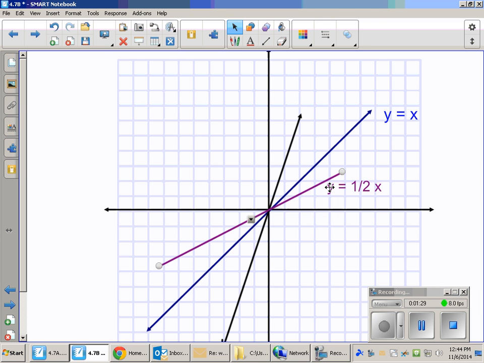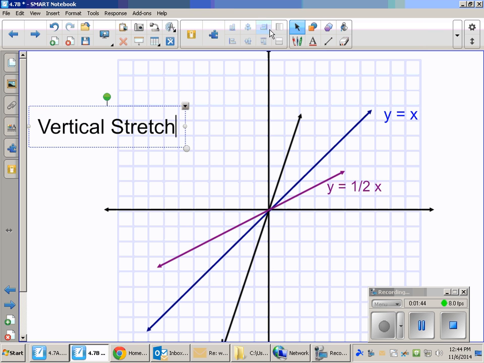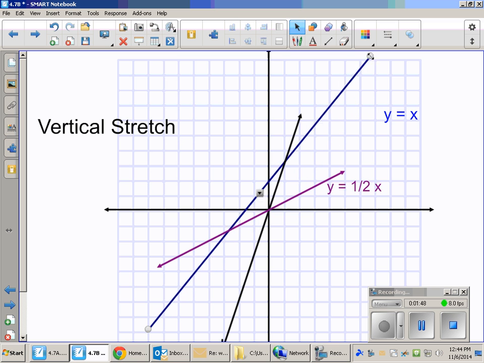Of course, we would use more sophisticated terms other than steep and less steep. So the black line, because the slope is bigger than 1, we call that a vertical stretch, meaning we take the blue line and we are vertically stretching it. Like if I pull up, it makes this steeper. So that's a vertical stretch.